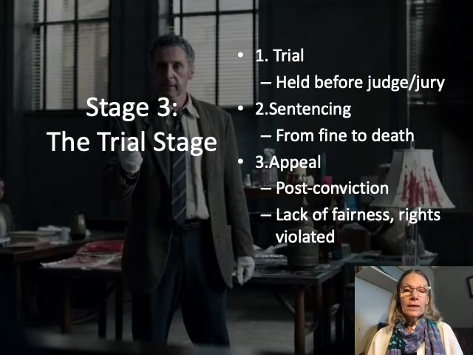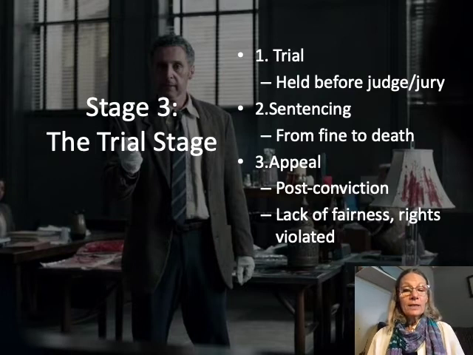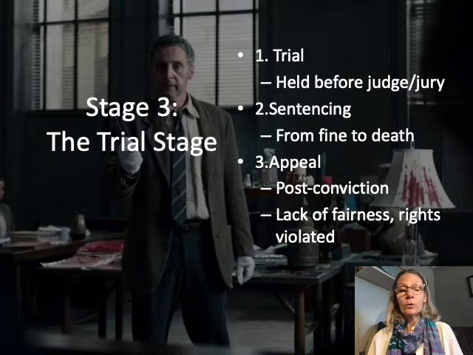Once an individual is found guilty, there's usually a separate court process that takes place, which is the sentencing process. The prosecutor and the defense attorney will make a recommendation on what the sentence should be if the individual is found guilty. And then it's ultimately the judge that imposes that sentence.